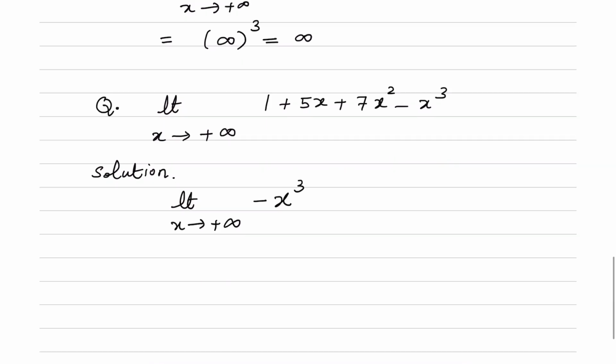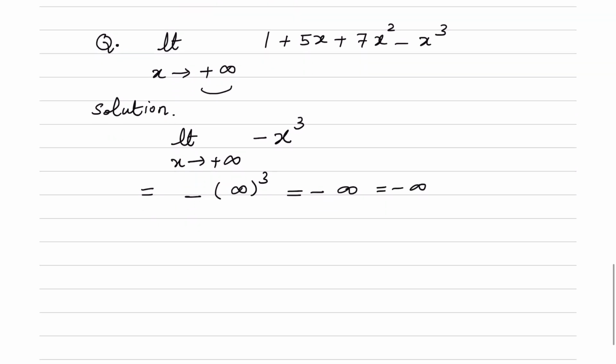We have kept the highest degree term only because it's a polynomial and the limit is being calculated at plus infinity. So when we apply the limit, minus infinity cube is minus infinity. So this is how we attempt these kinds of questions where we have to find the limit at infinity or minus infinity of a polynomial.